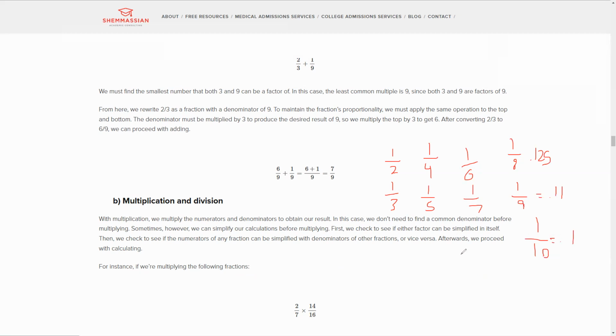I think it's very worth it to know these. I would even know 1/11 and maybe 1/12, because you will run into these. It tends to be very difficult to get rid of a 7 or a 9 or an 11, right? Your options are really to round or to just turn it into the decimal.